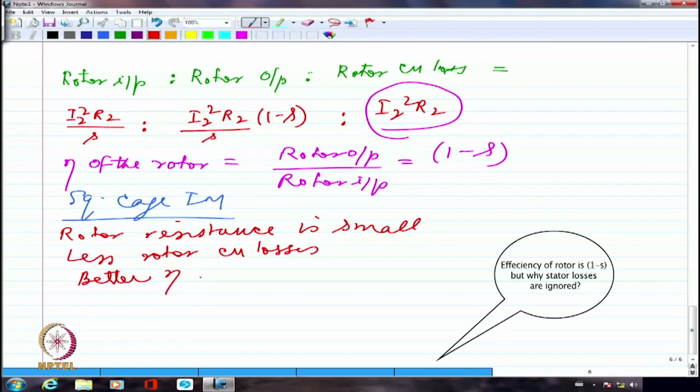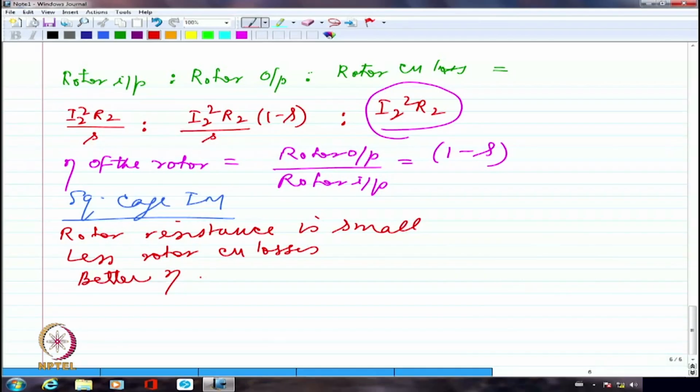Yes? And why is the expression for the efficiency of motor, why are we considering the input for the rotor and not the input we have just lying to the stator basically? I am currently looking at the rotor. We will definitely have to look at that as well. We will have to say I1 square R1. I am trying to differentiate between the two types of rotor.